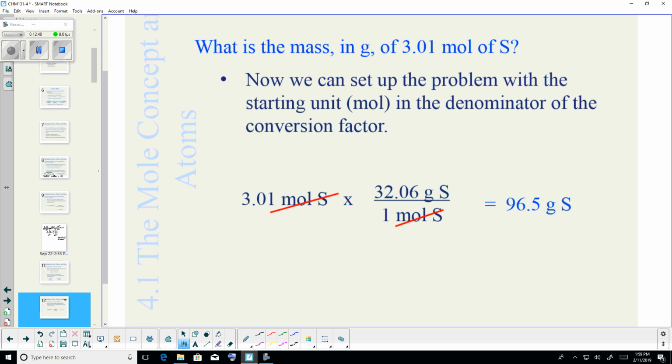If I want to go from grams of A to moles of A, going backwards, guess what I do? Divide by the molar mass. Just the opposite. So now we just constructed one of the roads in the map.